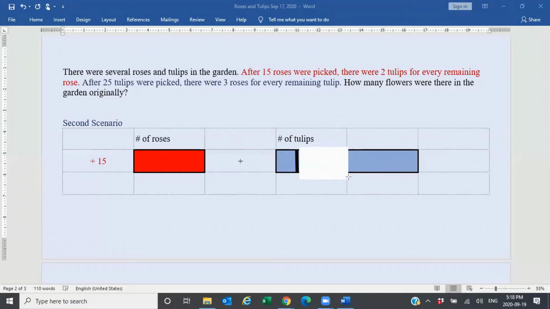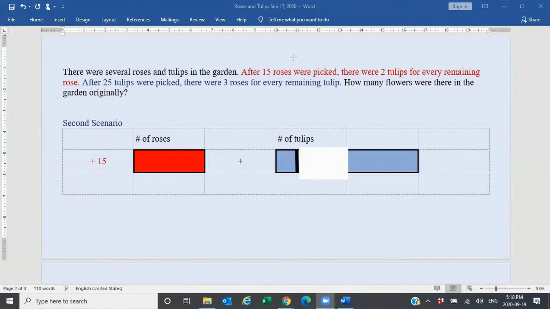There we go. If we have this and we divide it, they're not really squares, they're rectangles, smaller rectangles. So this rectangle is made out of 3 smaller rectangles. So for every tulip, there are 3 roses.